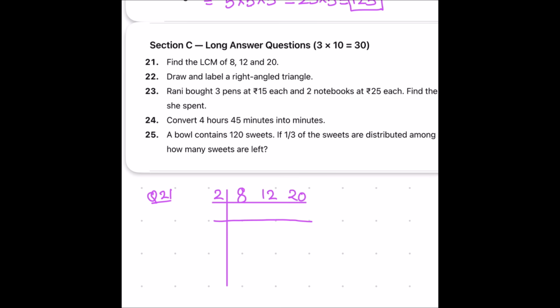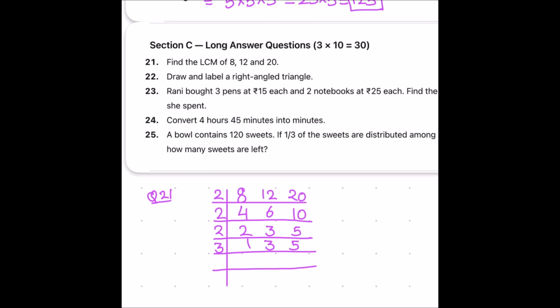So as all the 3 numbers are even, we can use 2 to divide the numbers. 2 times 4 is 8, 2 times 6 is 12, 2 times 10 is 20. Again we can divide by 2. 2 times 2 is 4, 2 times 3 is 6, 2 times 5 is 10. Now 2 times 1 is 2. 3 and 5 are not fully divisible by 2, and so we'll write it as is.